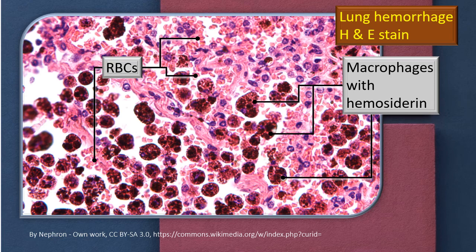Now, these RBCs get swallowed by the locally available macrophages, and that's how these macrophages have taken up some dark material, which is nothing but hemosiderin. That means the cells are being destroyed, RBCs are being destroyed in the macrophage cytoplasm. This is a very beautiful slide. Abundant macrophages are there.